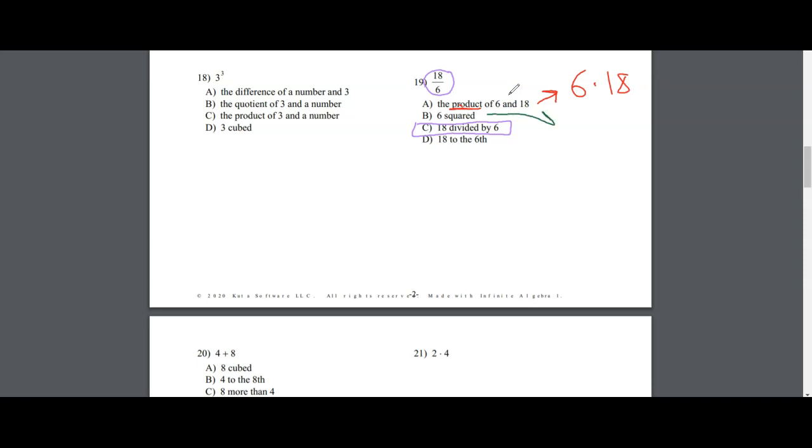If I wanted to do 6 squared, well, squared represents an exponent of 2, so I'd have 6 raised to the power of 2. And finally down here, 18 to the 6. Again, when it says to the 6 or to the power of 6, that's going to represent an exponent. So 18 to the power of 6 or to the 6.